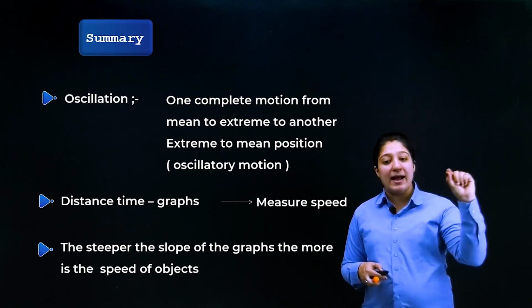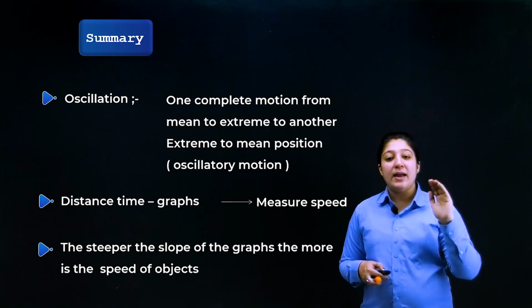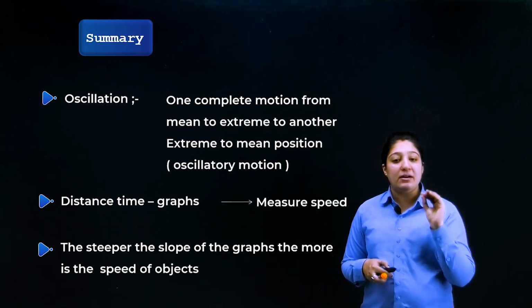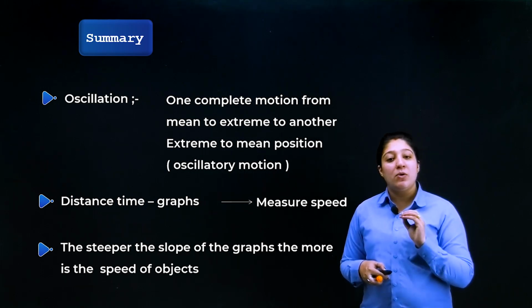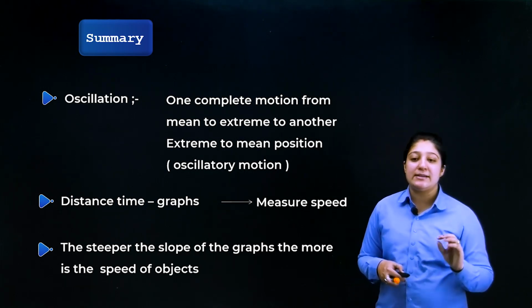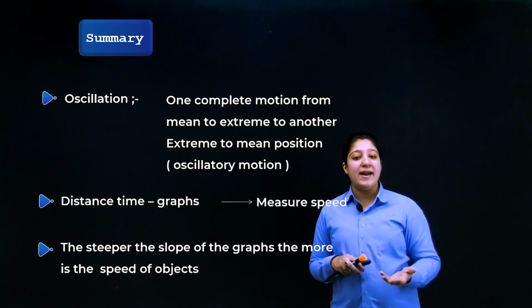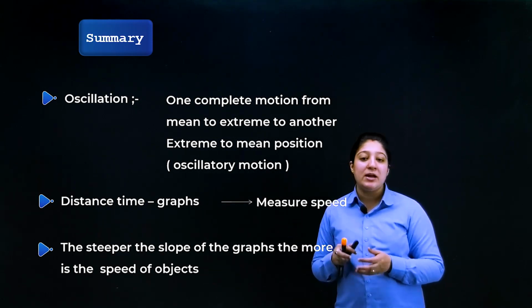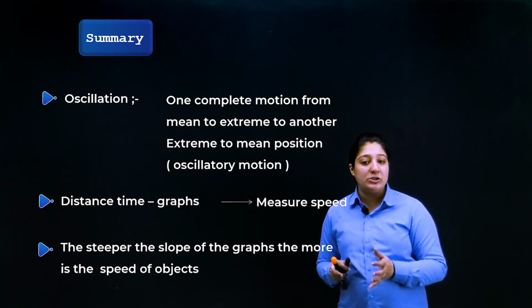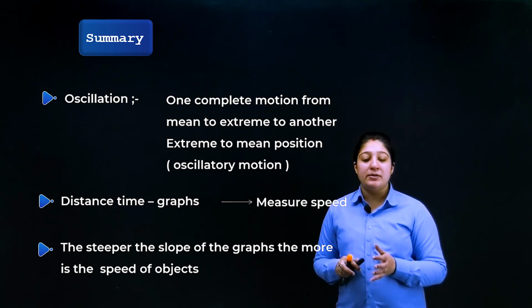But if the line is less slanted, that will show that the object is covering less distance in more time. So that is how we understand the distance time graph. So these are the topics which we have understood in this chapter. Thank you.